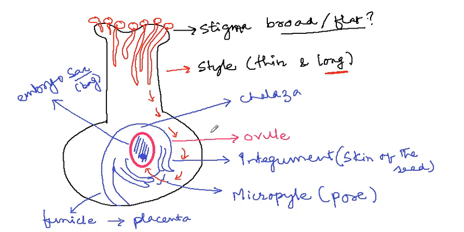So we can say that if the style is thin and long, then the best of the pollen tube would only be able to fertilize. So in a way, this structure creates an evolutionary advantage to the plants.